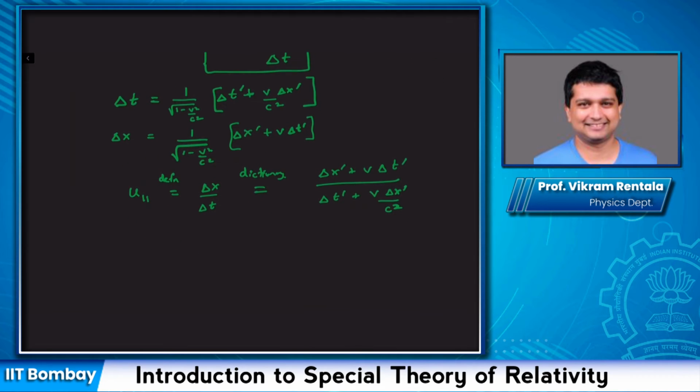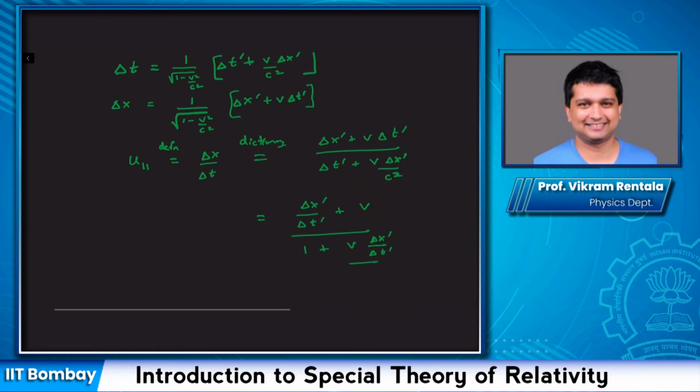And now we can divide both the numerator and denominator by delta t prime, and this would give us delta x prime over delta t prime plus v divided by 1 plus v delta x prime over delta t prime over c squared.